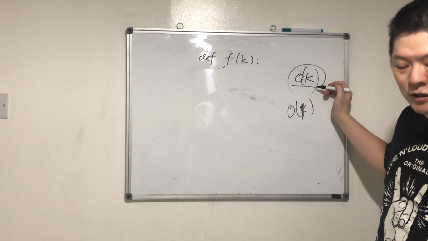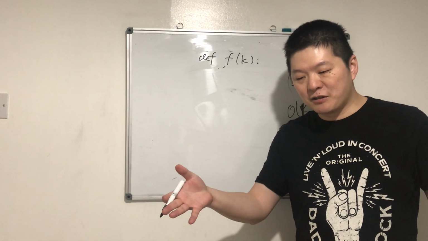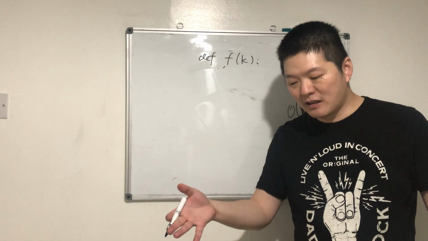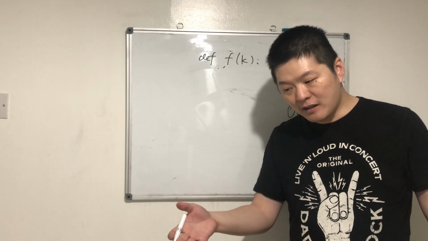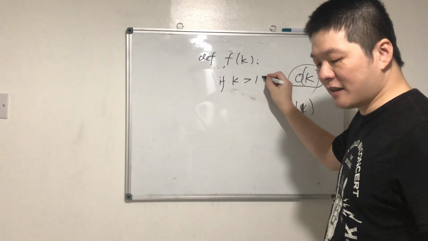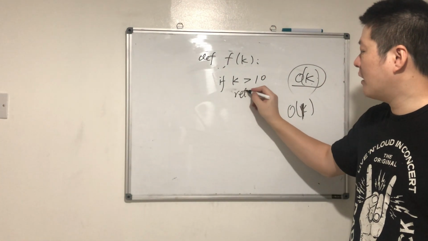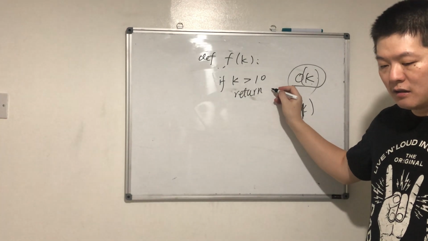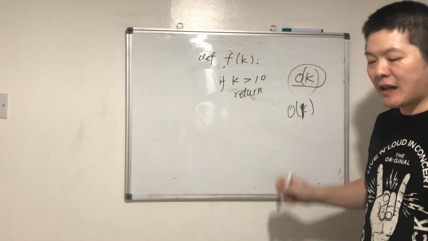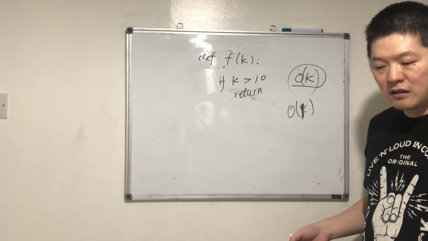Why is that? Because remember the 10 balls put into 11 boxes. So I can check: if k is bigger than 10, what should we return?